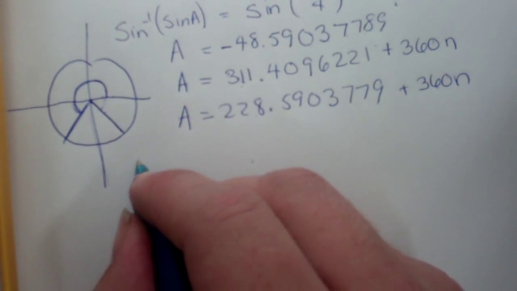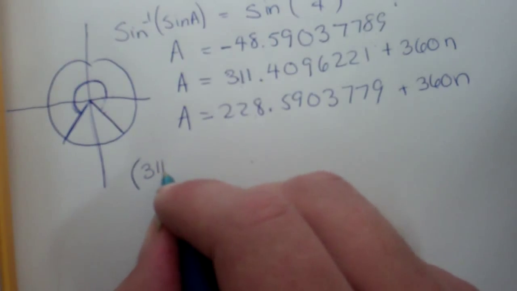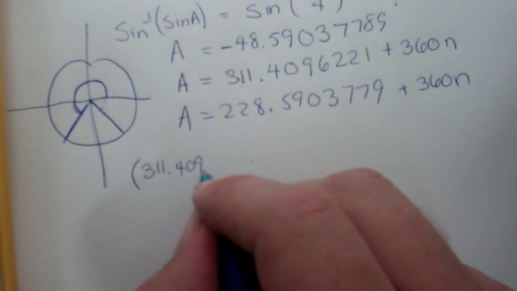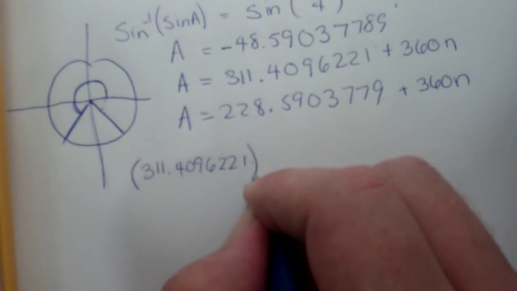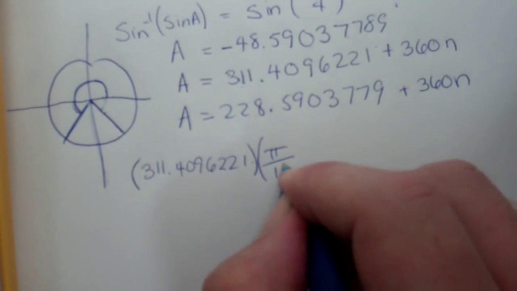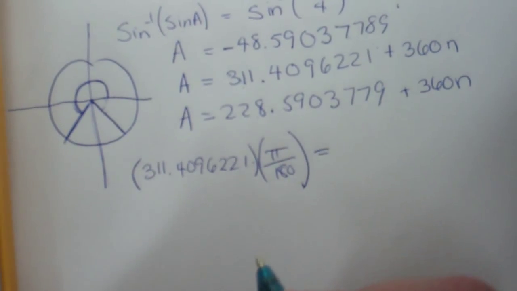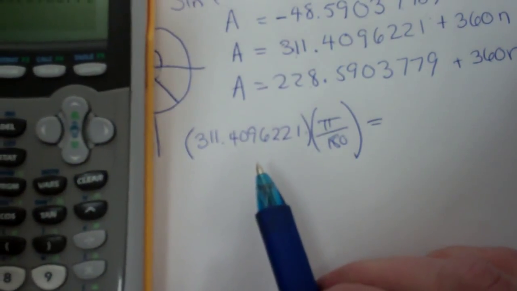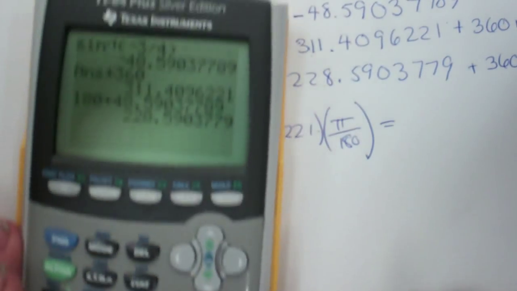So here's for the first one, this is 311.4096221. We're going to multiply this by pi over 180. That is simply done by using the calculator, so I'll do that right here.